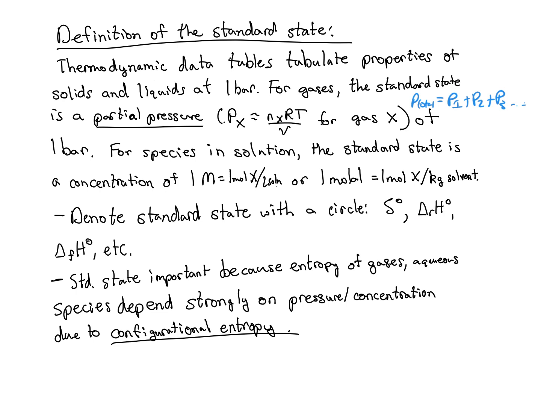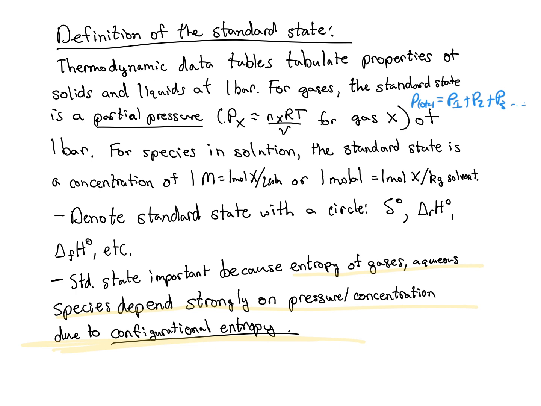Similarly, we can tabulate the delta R for a chemical reaction at those standard conditions, or the formation at standard conditions, etc. Again, the reason here, I've said it before, but we'll highlight it again, is that the entropy of gases and aqueous species depends very strongly on the pressure or concentration due to configurational entropy.